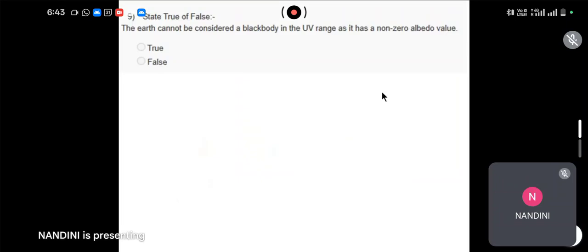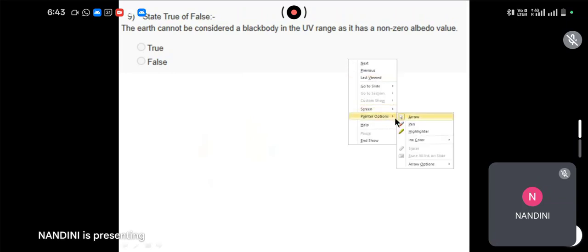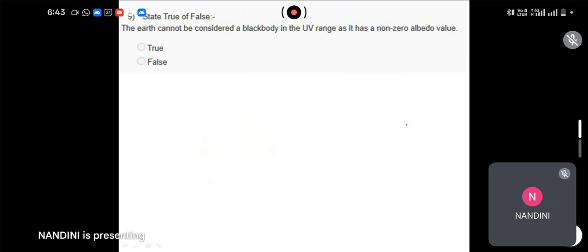Now, the earth cannot be considered a black body in the UV range as it has a non-zero albedo value. So what does it mean by a black body? What is a black body?